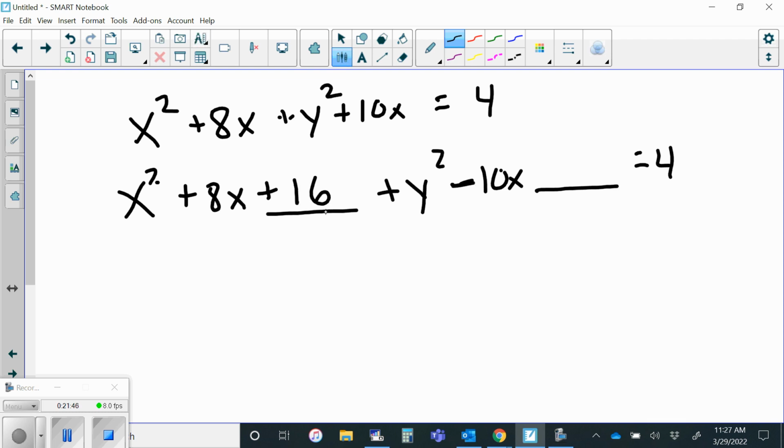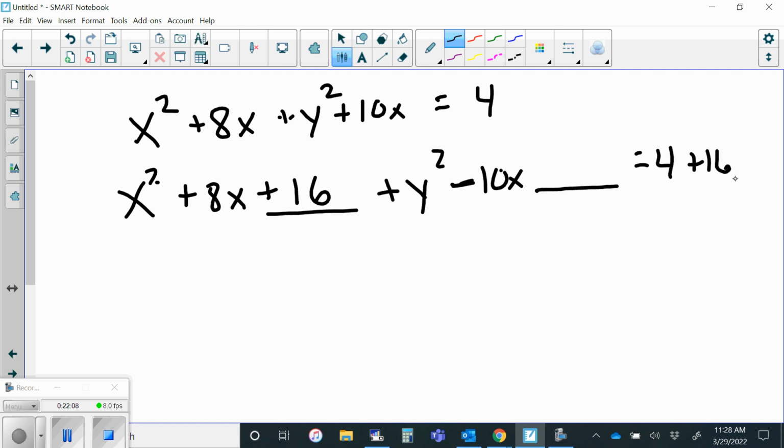Now, am I allowed to just add whatever I want to an equation? Yes. What's the rule? Whatever you do to one side, you just have to do to the other. So I added 16. Am I fair right now? No. What do I have to do?